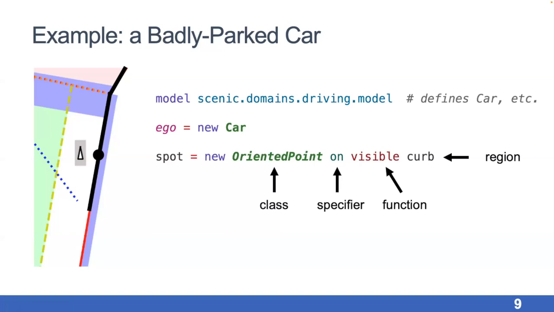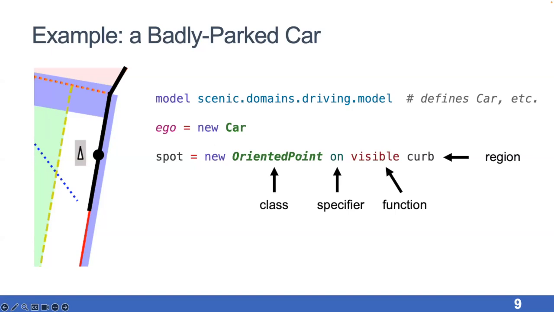And you can mix and match these to build up a definition of an object in a convenient way. In particular, this on specifier says, take this region, the visible curb, and pick a uniformly random point in that, and then place the car on top of that. Or in this case, place the point on top of that. So the net effect is to give us a uniformly random point among the visible part of the curb.